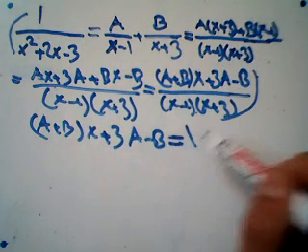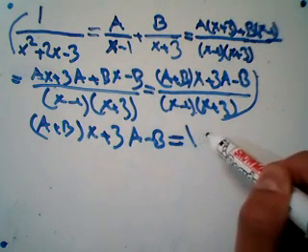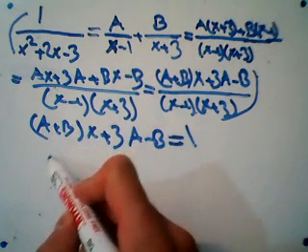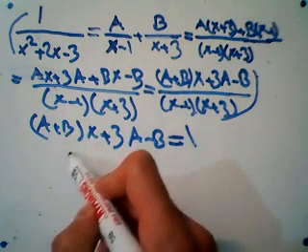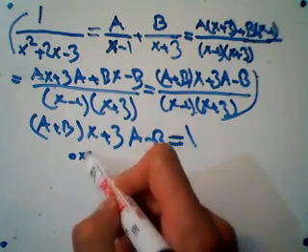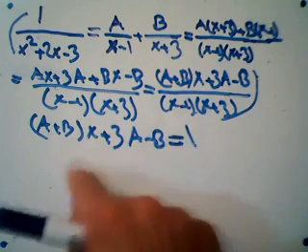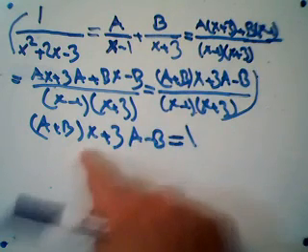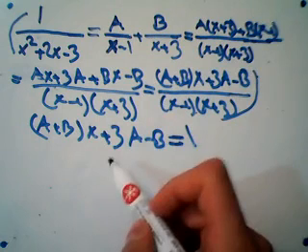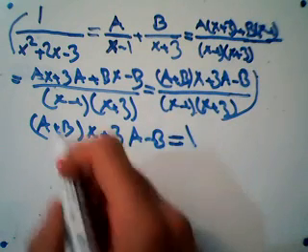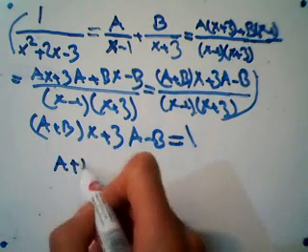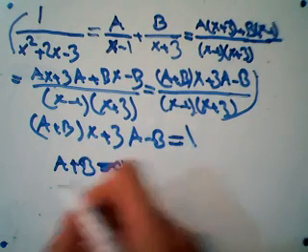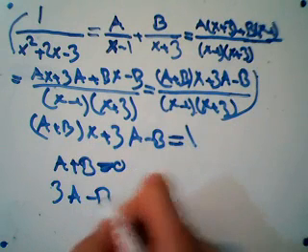So here we don't have x, but here we do. Then a plus b should be 0, because after multiplying by x that would be 0, and there would not be a term containing x. Okay, so a plus b equals 0, and 3a minus b should be 1.